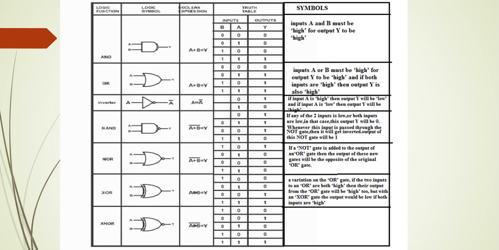NAND gate: if any of the two inputs is low or both inputs are low, in that case the output Y will be 1. Whenever this input is passed through the NOT gate, it will get inverted. NOR gate: if a NOT gate is added to the output of an OR gate, then the output of this new gate will be the opposite of the original OR gate.